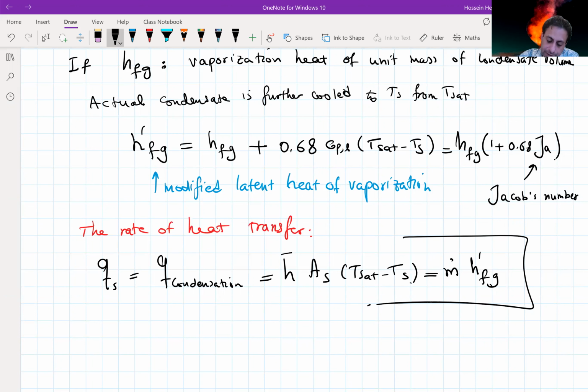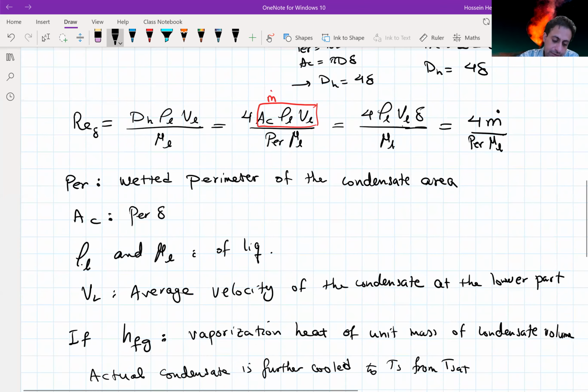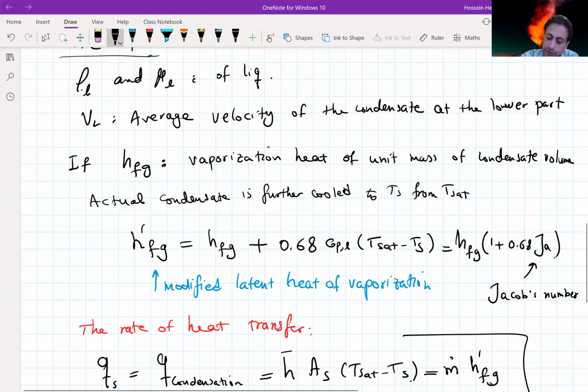And this AS is the surface area on which condensation occurs. So don't confuse this AS with the AC that we were using for the evaluation of hydraulic diameter.